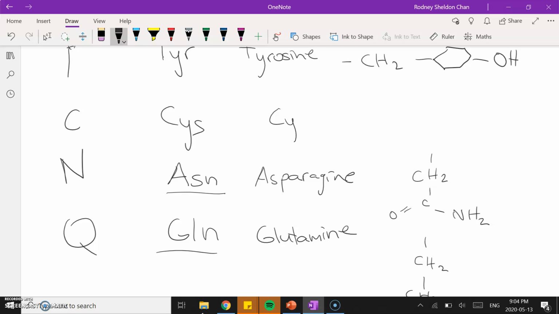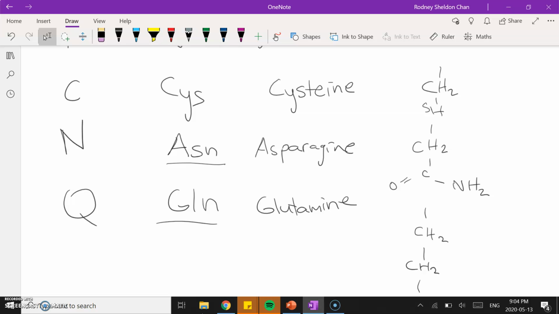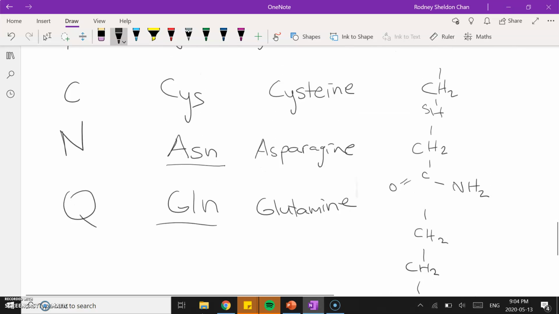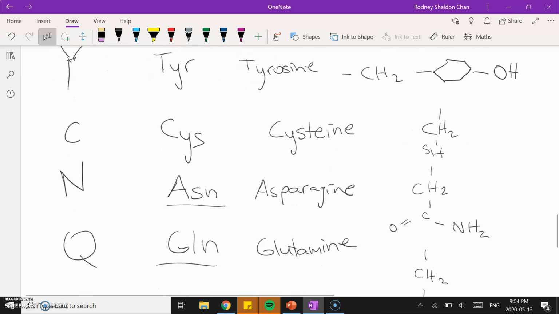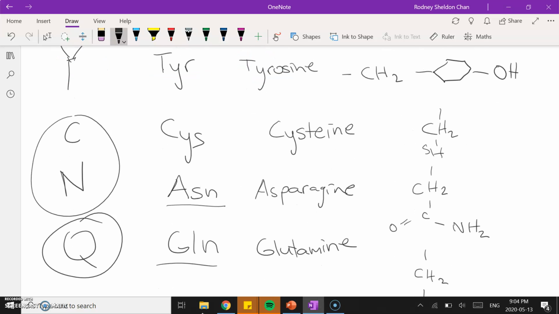And your last one, super easy, cysteine, which is CH2, SH. And there we go. I didn't tell you how to memorize these, but I think what's important is that you come up with something like cyanide queen. Okay, we'll go with that.